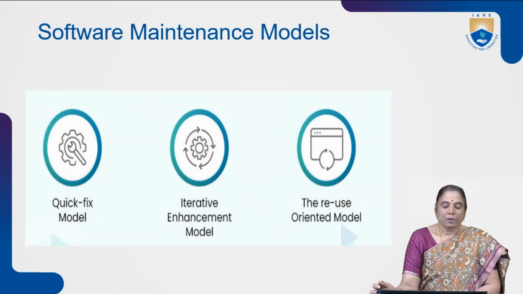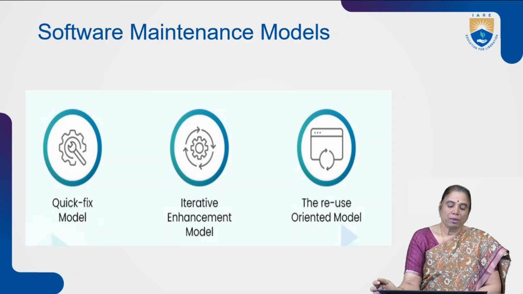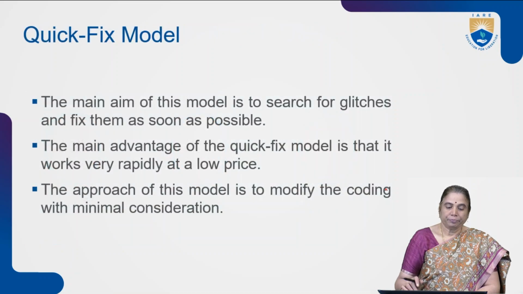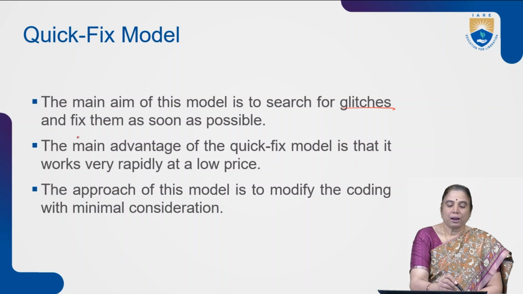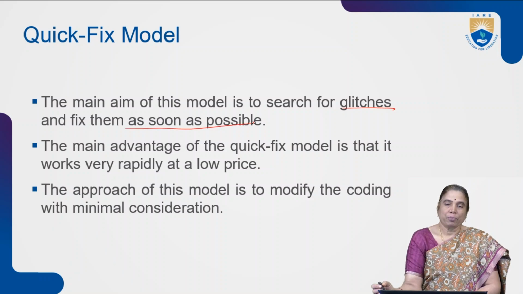So, the software models can be quick fix model, or iterative enhancement model, or reuse oriented models. In a quick fix model, the main aim of this model is to search for glitches and fix them as soon as possible.